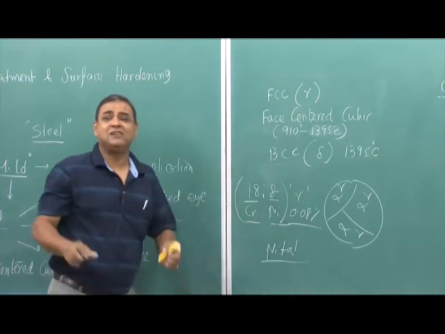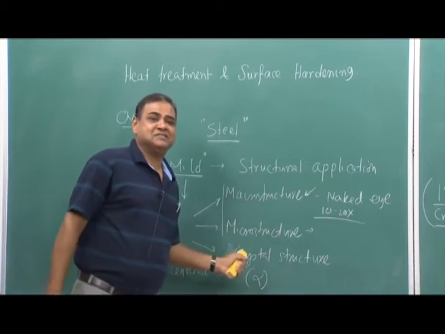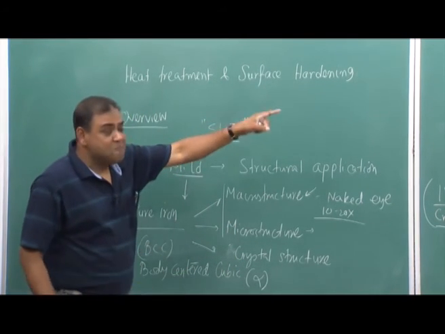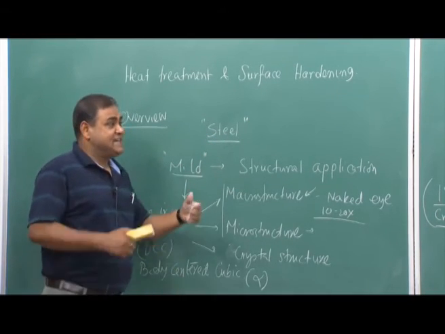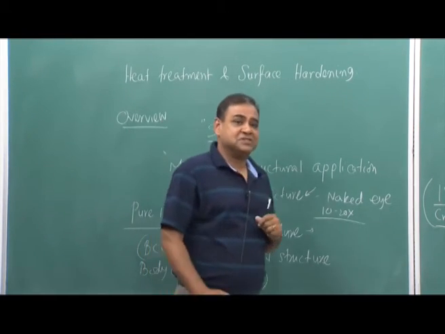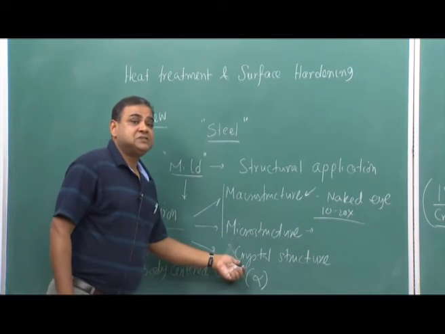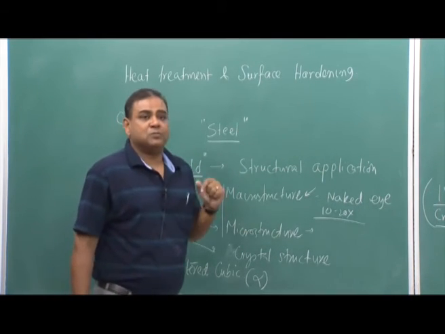So, the microstructure almost remains the same, but the crystal structure changes from alpha to gamma. So, that means composition is one factor, and there is another factor intricately associated with the composition, which is called structure, and that structure could be crystal structure or microstructure. We can change both depending on the change in composition.